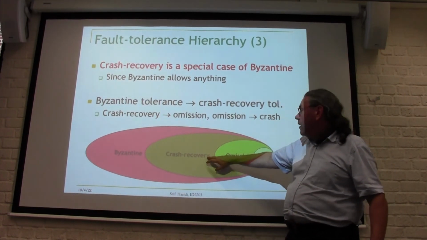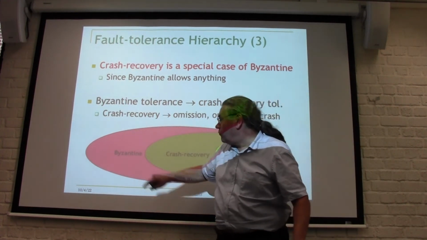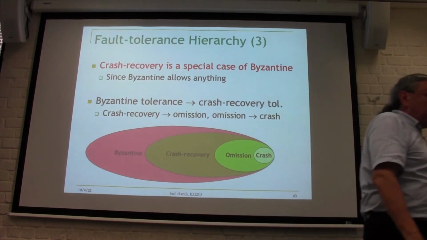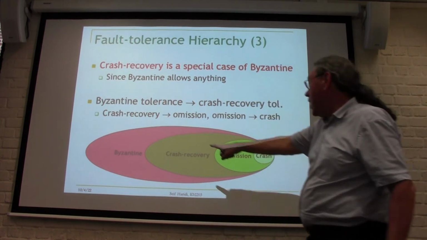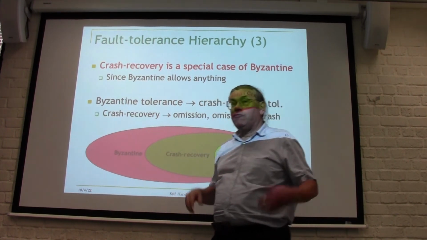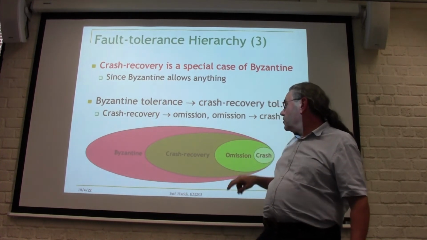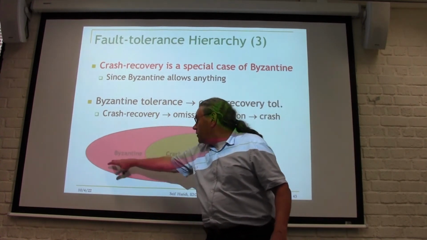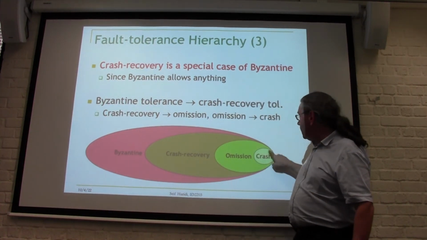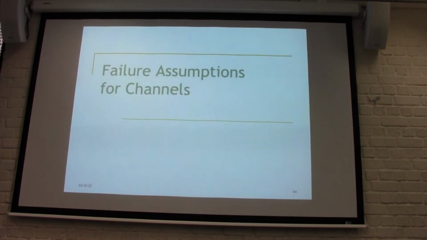Probably we won't have so much time for looking at Byzantine. Byzantine algorithms are quite complex, but there are many of them. This is a very active research area. And now, of course, it's very much in the media because of cryptocurrencies. So these are certain kinds of Byzantine algorithms. But most of the time we'll be sitting here in the crash part.